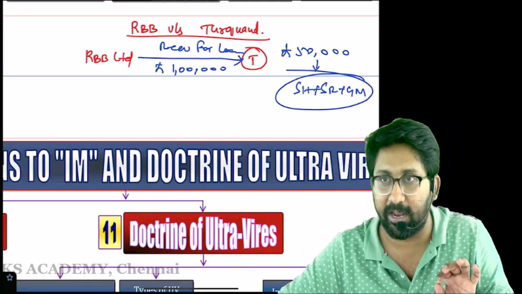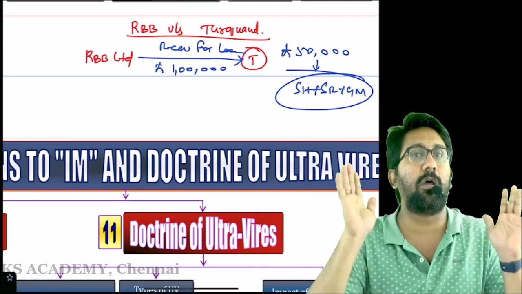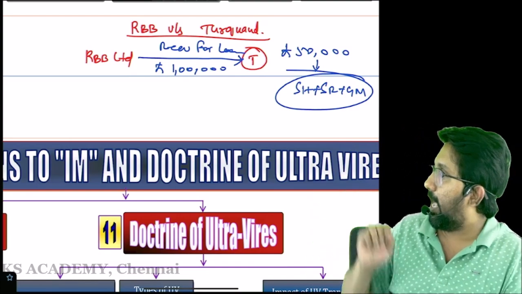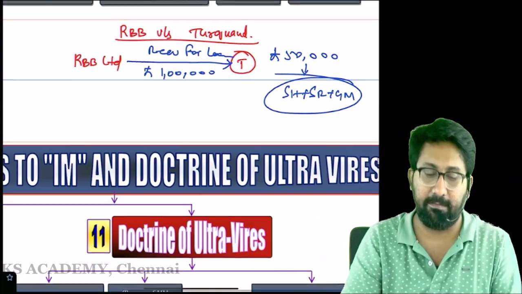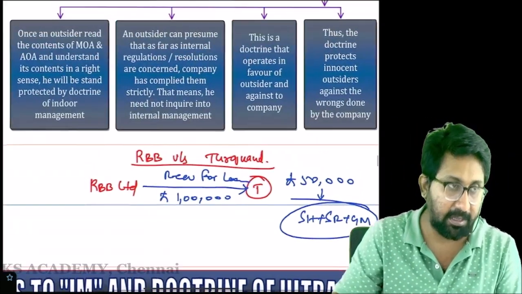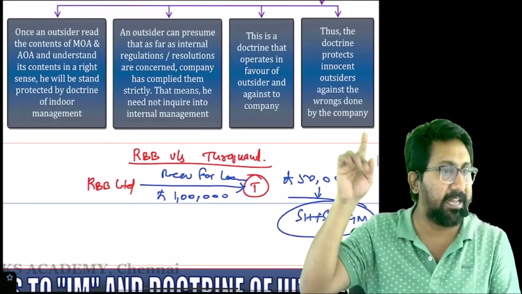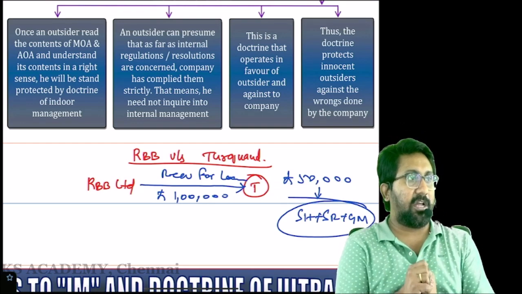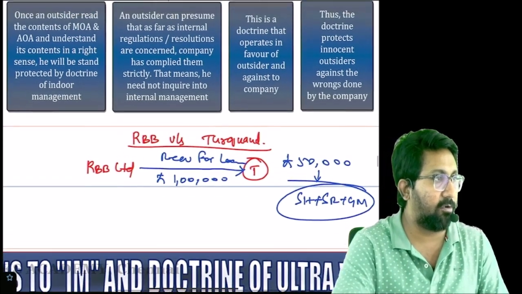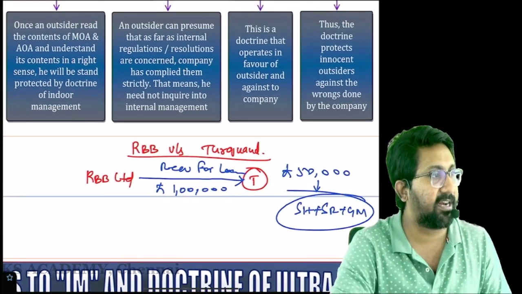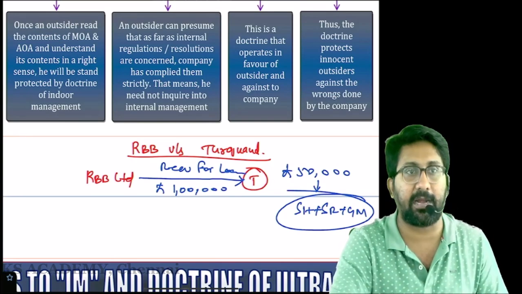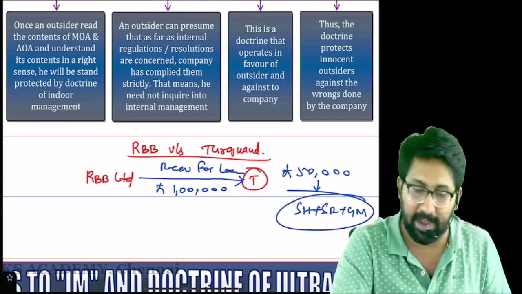Understood the point clearly? So this is the whole logic of the doctrine of indoor management. As a concept, this is the whole story of indoor management. Please read the point. Once an outsider reads the contents of the MOA and AOA and understands them in the right sense, he will stand protected by the doctrine of indoor management.